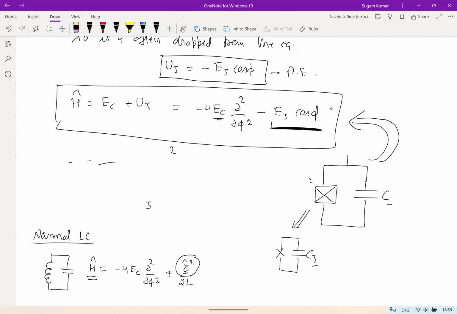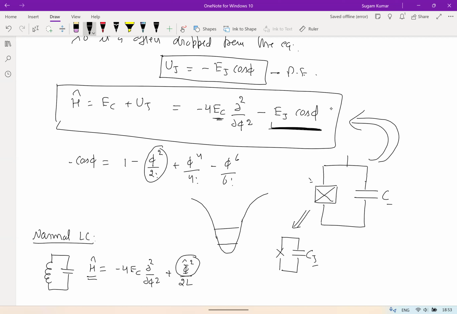If you work on this a little bit, as I told you in the last class, cos phi is nothing but 1 minus phi square by 2 factorial plus phi to the 4 by 4 factorial. So this depends not only on phi square but also on higher-order powers, and that makes the potential completely anharmonic. This anharmonic potential is going to look like this. You can see that the energy levels are unequal and the spacing keeps decreasing.